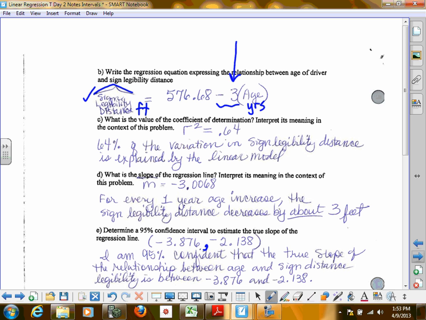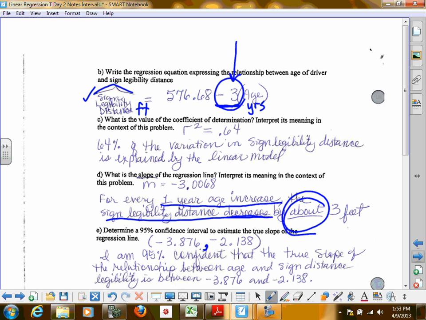So my question to you is, I need somebody to tell me the contextual meaning of this -3 slope. Okay, good. Close. How about for every 1 year age you increase, then the sign legibility distance decreases by about, because it's a prediction, 3 feet.